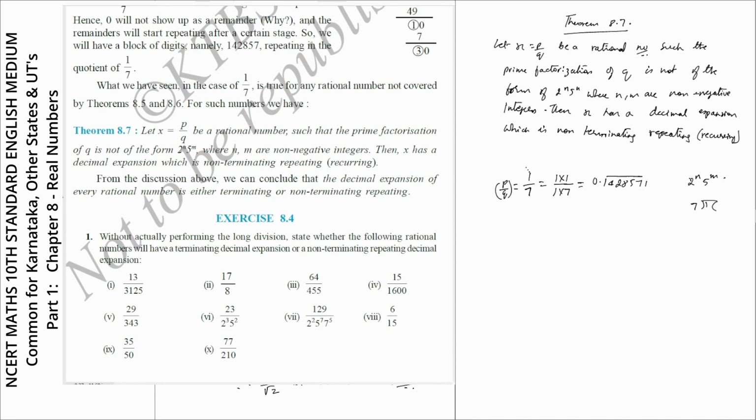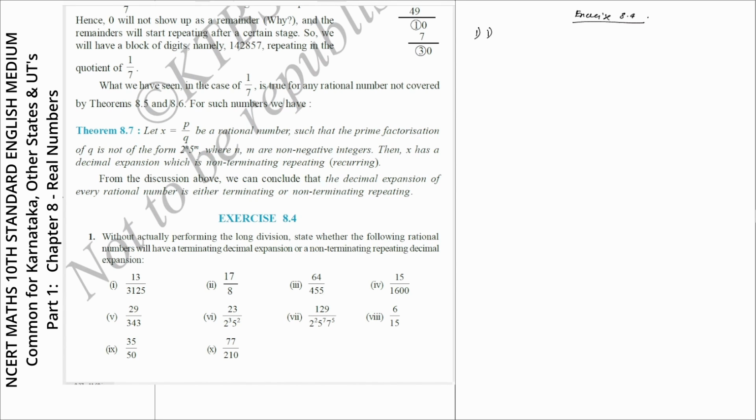So why? Because we are not able to express the denominator in the form of 2 power of n into 5 power of m, and that completes this theorem. There's no proof for it, it's just an explanation. So we should check some practical examples, that's it. And now we'll go and solve some exercise problems.